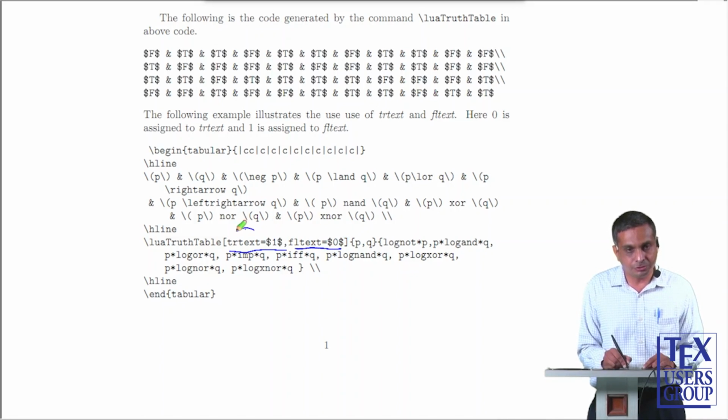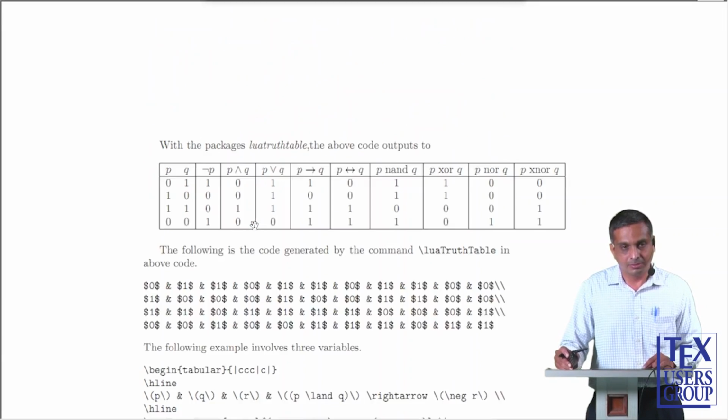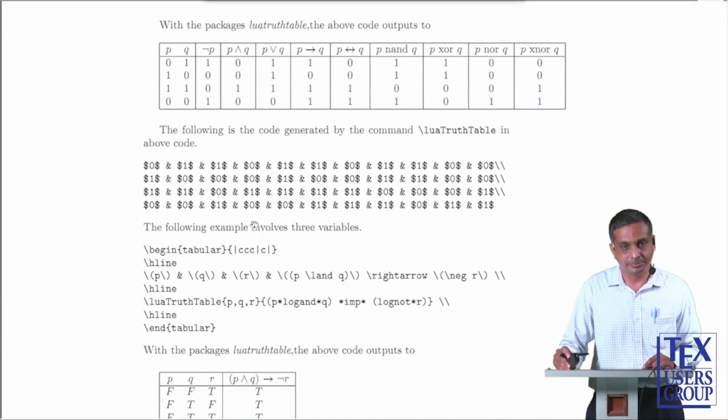And with this use of optional arguments, we get this table. We get this table where now T and F, which were default values for true and false, are replaced by 1 and 0 respectively. True is replaced by 1 and false is replaced by 0.